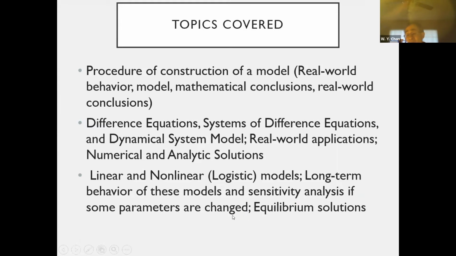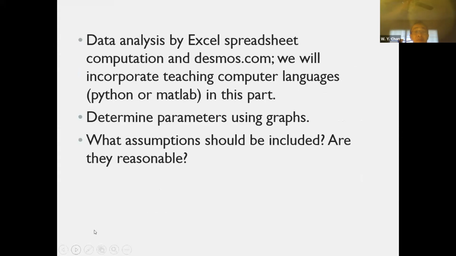And in the class, we did some experiments. I created spreadsheets so that if we change some of the parameters of the model, the initial condition or some number, the behavior of the answer will change drastically.